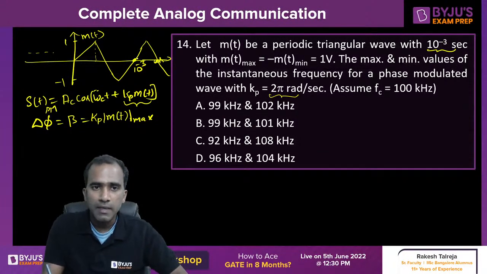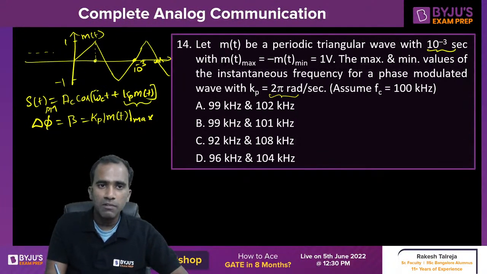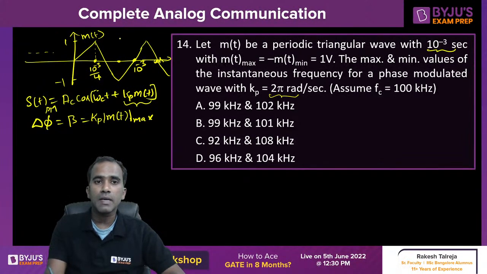But anyway, let me take this as 10 power minus 3. So then what will be this value? This total thing is 4 times this part. So this length is 10 power minus 3 divided by 4, if you assume time period is 10 power minus 3 seconds.